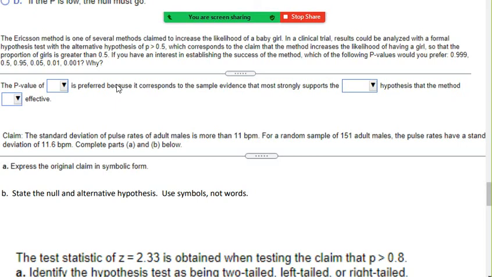A type 1 error is rejecting H naught when it's true. Zach? Yes, because you want to make that probability of a type 1 error as small as possible.